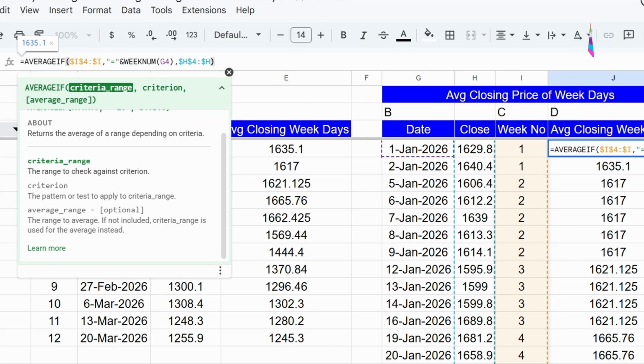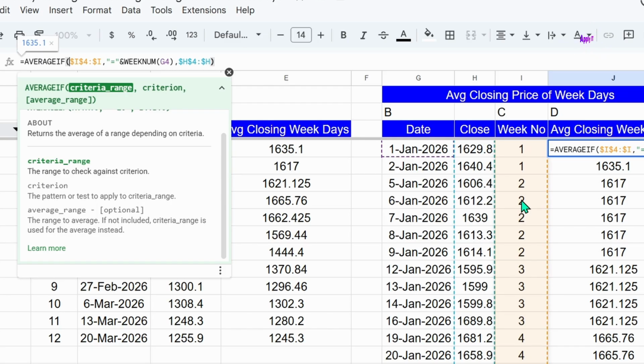How are we going to calculate the average closing price of weekdays? Basically we want to find the average of these two prices for the first week, then the average of these 5 values for the second week, and so on.